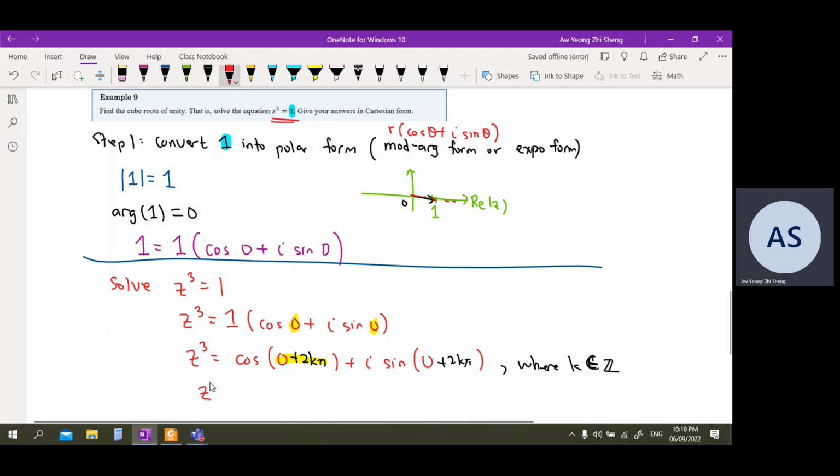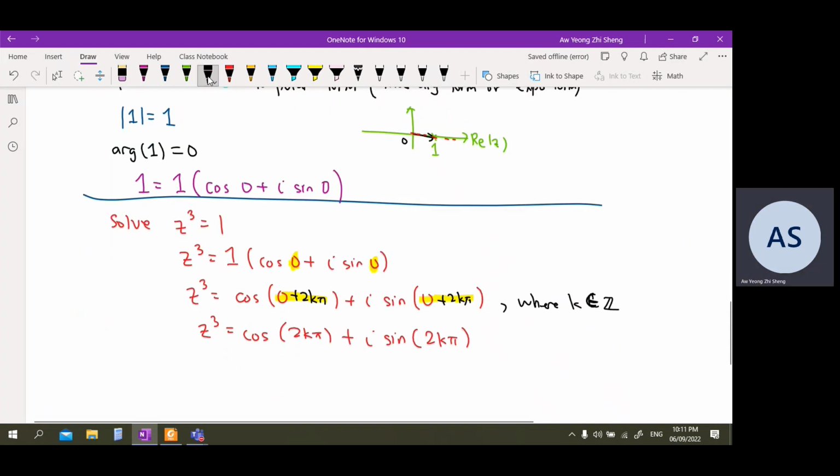Okay, next step, I will just make the angle look nicer. The 0 is redundant there. I'll just write it in a simpler form of 2k pi plus I sine 2k pi. Now, when the power 3 is moved over to the other side, it becomes power 1/3.